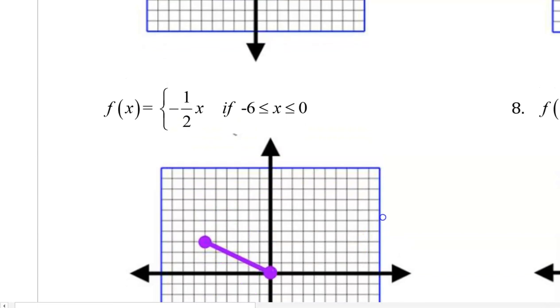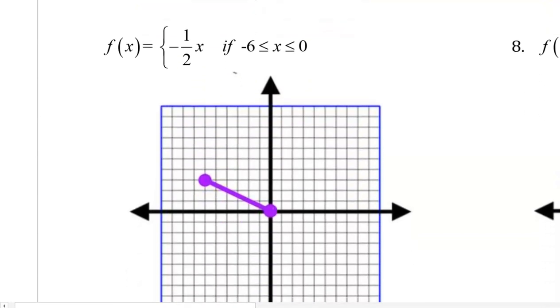For problem number 7, f of x equals negative 1/2 x, so my slope will be either negative 1 over positive 2 or positive 1 over negative 2, whichever way you want to think about it. Here we're going from x equals negative 6, greater than or equal to negative 6, over to x equals 0. So we see that our y-intercept is 0. We can plot that point.